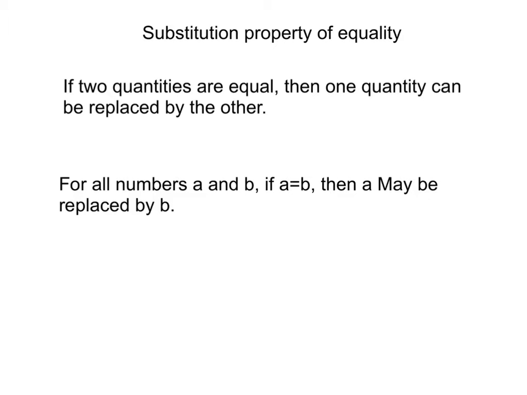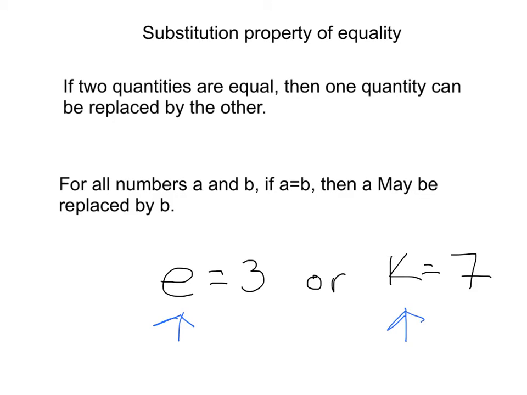The way that you're going to commonly see it is you will see an expression and it's going to ask you to solve, and then it will tell you that e equals 3 or k equals 7. What that means is everywhere that you see an E, you're going to replace it with a 3. Everywhere you see a K, you would replace it with a 7, and so on and so forth.